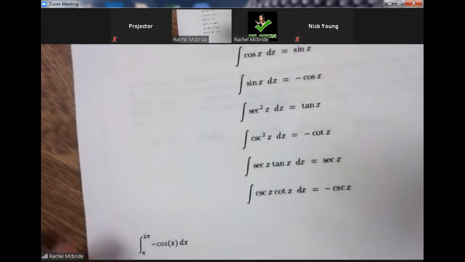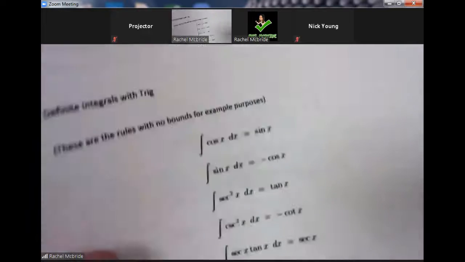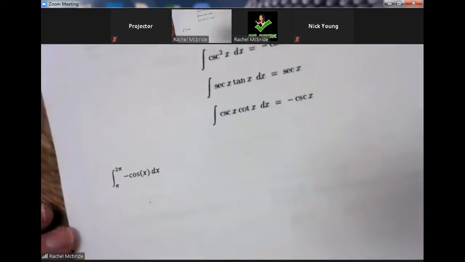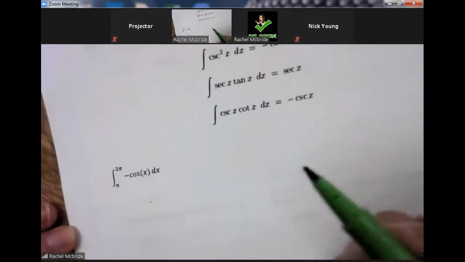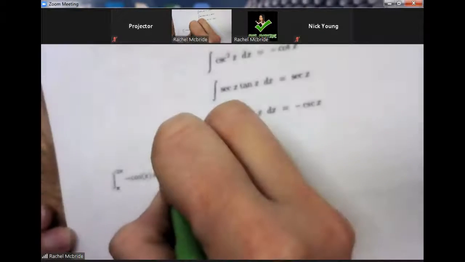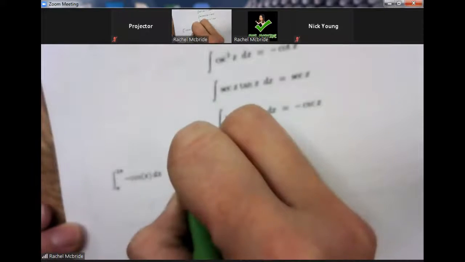So the first one is negative cosine x. What I would do for this problem is essentially say, okay, where is negative cosine x? Well, that's kind of like the same as bringing out a negative 1.